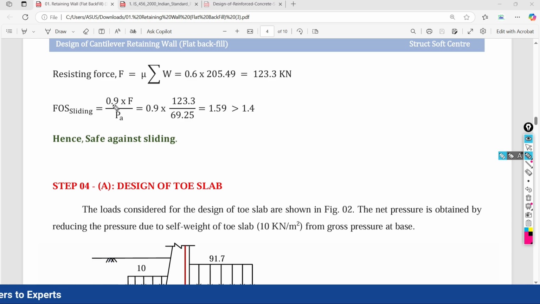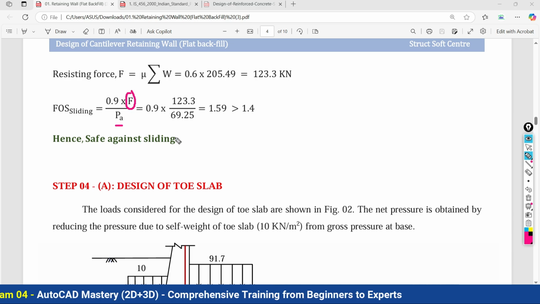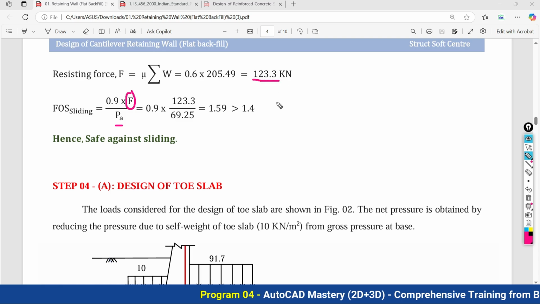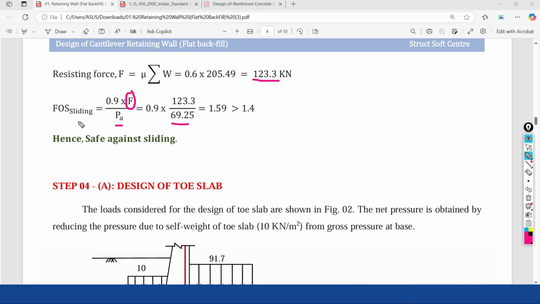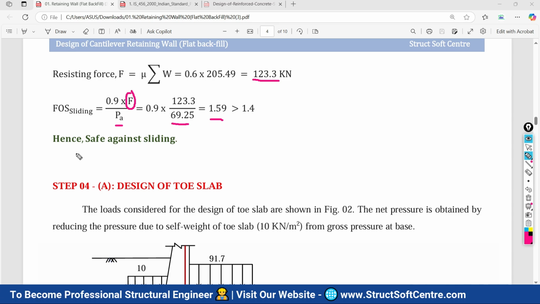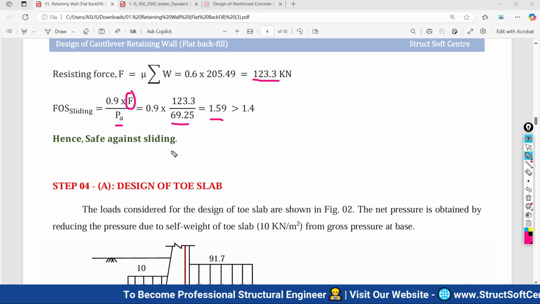That will be equal to, as usual, 0.9 times the resisting force divided by the lateral force. So 0.9 times the resisting force we have calculated, 123.3, divided by the lateral force 69.95. After doing this calculation, we are getting the factor of safety against sliding as 1.59, which is greater than 1.4. Hence, I can say that our proportioned retaining wall is safe against sliding.